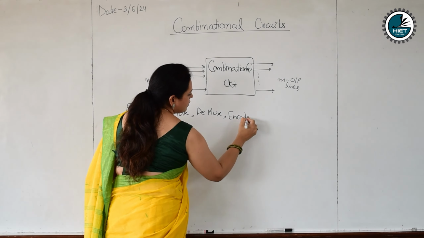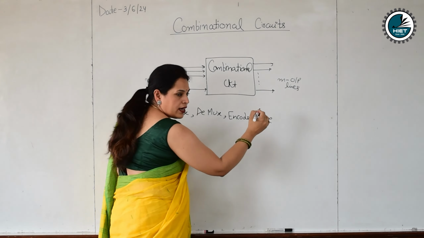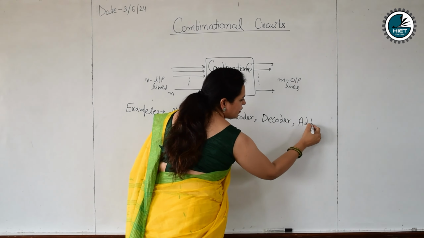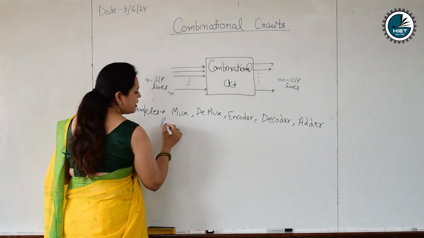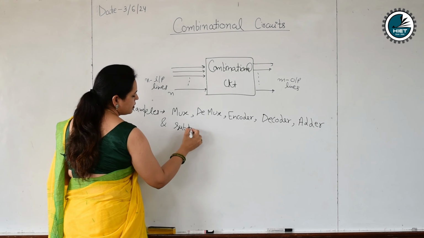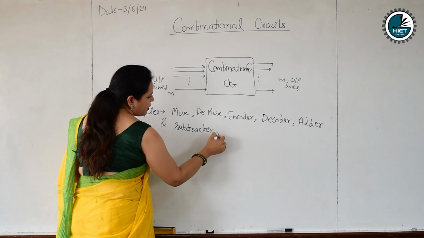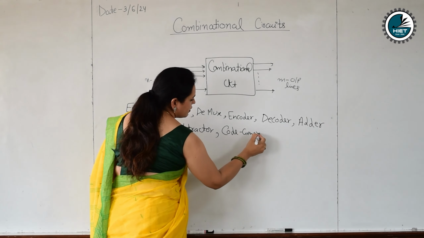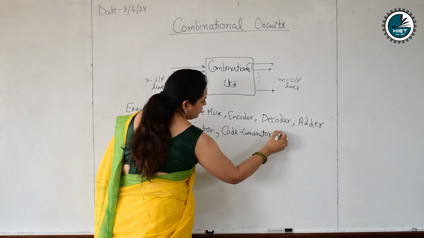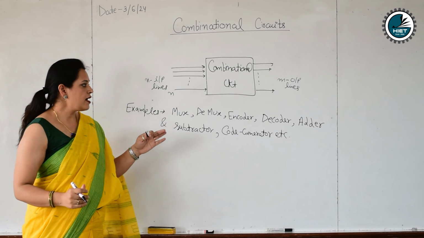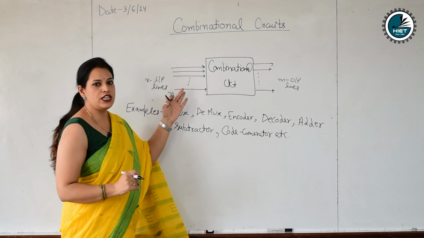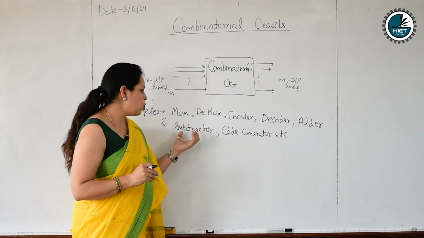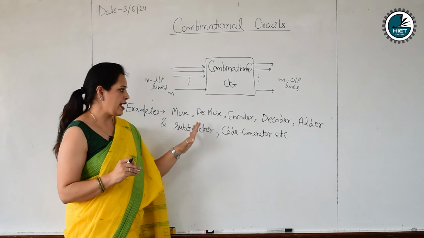Encoder, decoder, adder, and subtractor, and the code generator, etc. These are the examples of combinational circuits: multiplexer, demultiplexer, encoder, adder, decoder, subtractor, code generator, etc.